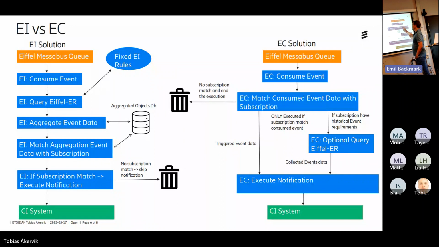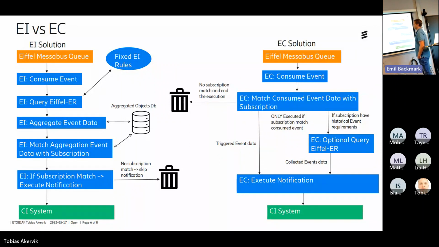But if it matches the subscription, and it has some requirement to have an upstream search from ER, then it will query ER. If not, it will go directly to execute the notification to the CS system. So we do the filtering already at the start event.